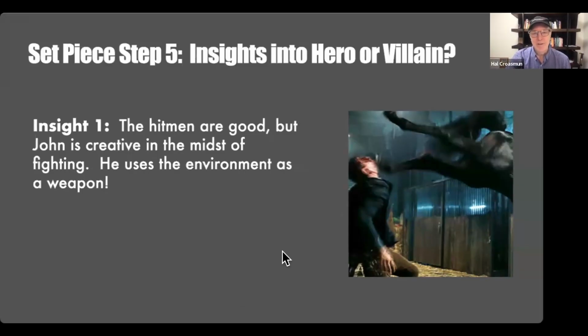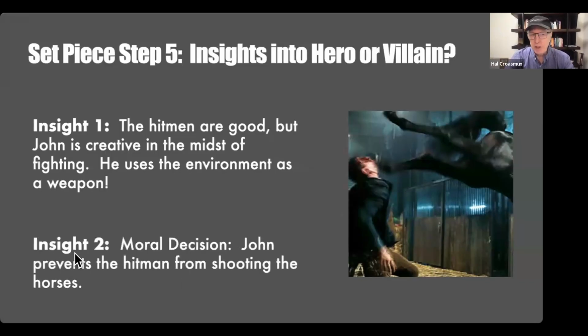That was just shocking when that happened. And maybe on my end, it's because I've been around horses a lot and we have seen people who've been kicked by them, and it's not a good thing. But I don't think this guy made it. That's my guess. Insight number 2, he makes a moral decision, and you have to go back and watch that scene, but you'll see John is preventing the hitman from being able to shoot the horses.